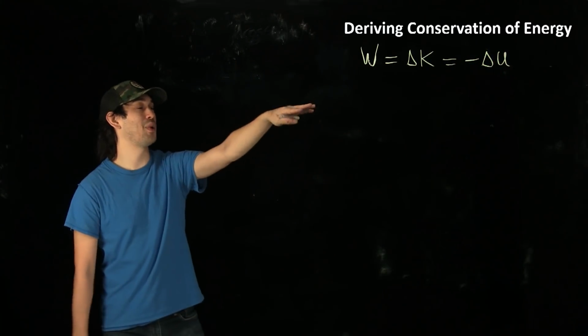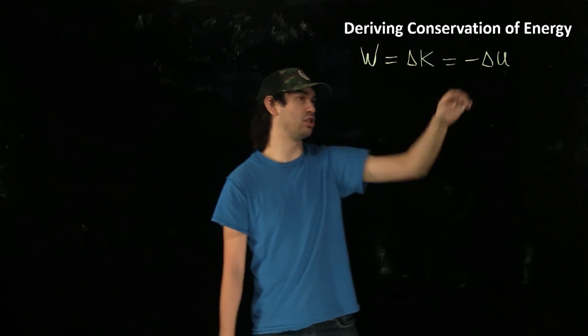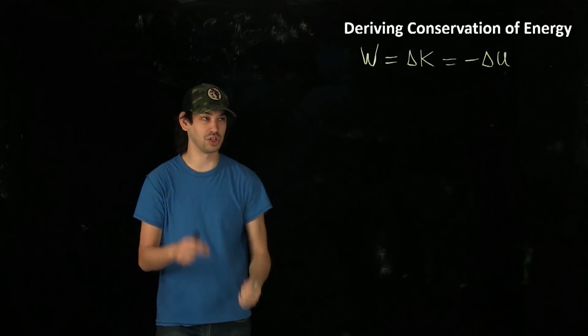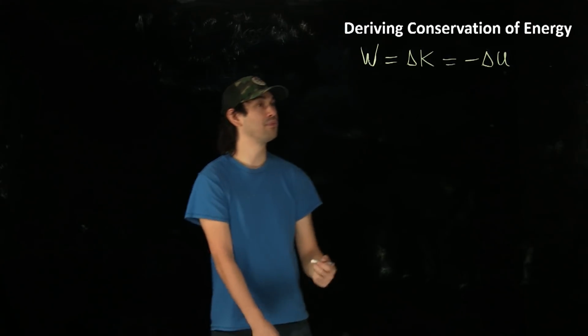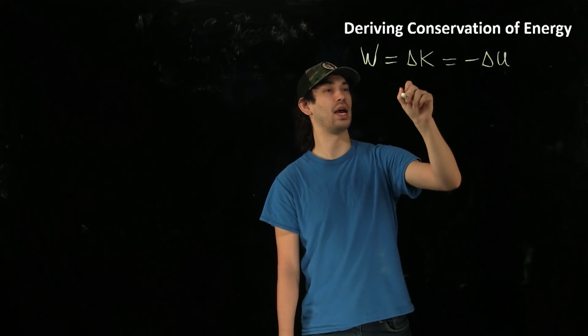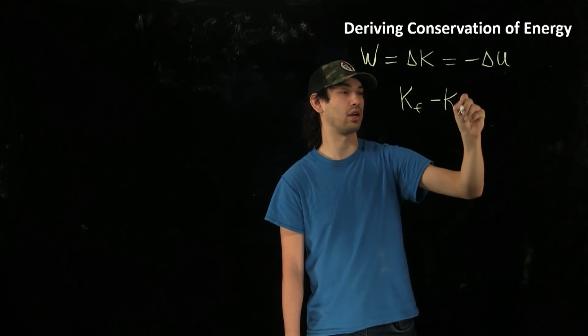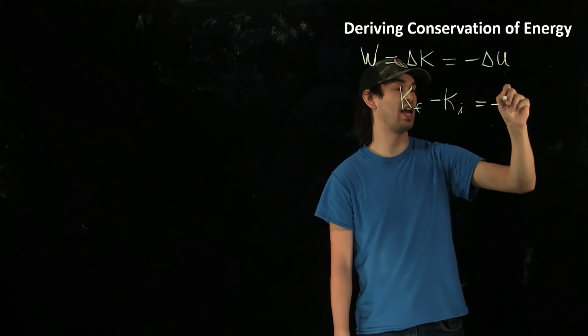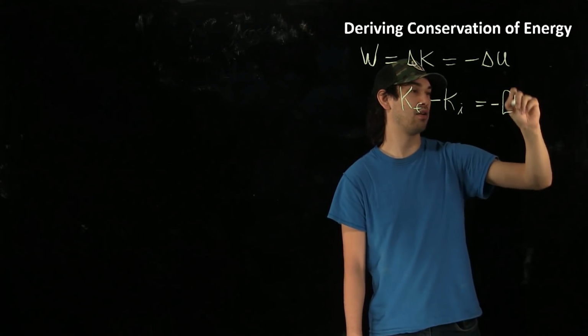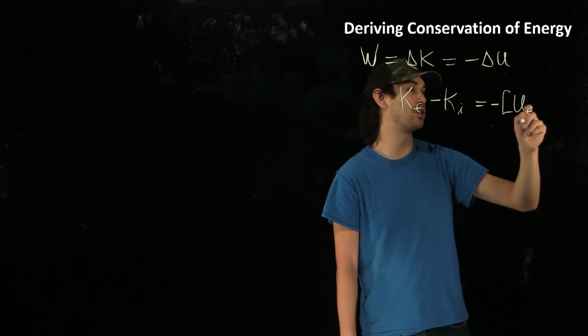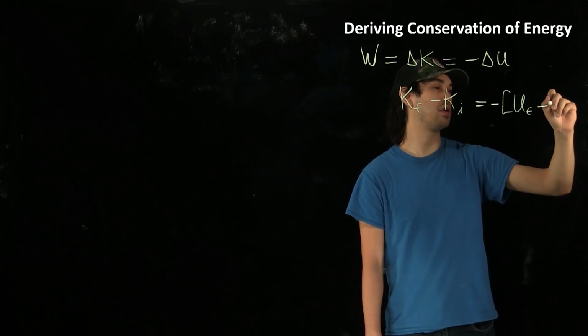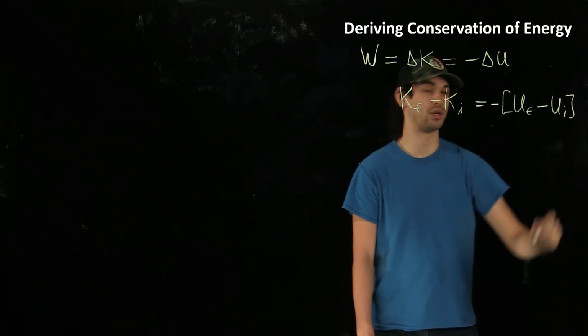So let's go ahead and expand this change in kinetic energy and this change in potential energy and see if we can rearrange it in a way that's advantageous. So what we can do is say that the final kinetic energy minus the initial kinetic energy is going to be equal to the negative times the final potential energy minus the initial potential energy.